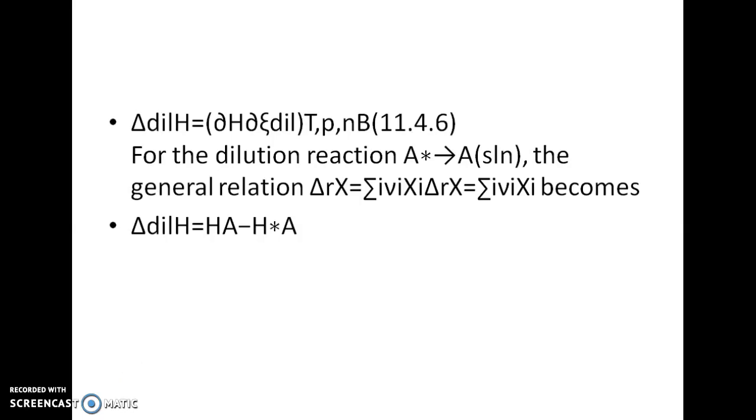So, this is the equation for enthalpy of dilution: delta DIL H is equal to delta H over delta epsilon DIL at T, P and Nb. For dilution, the reaction can be written as A star giving A in solution, with the general relation given by the following equation. Therefore, delta DIL H is equal to HA minus H star A.